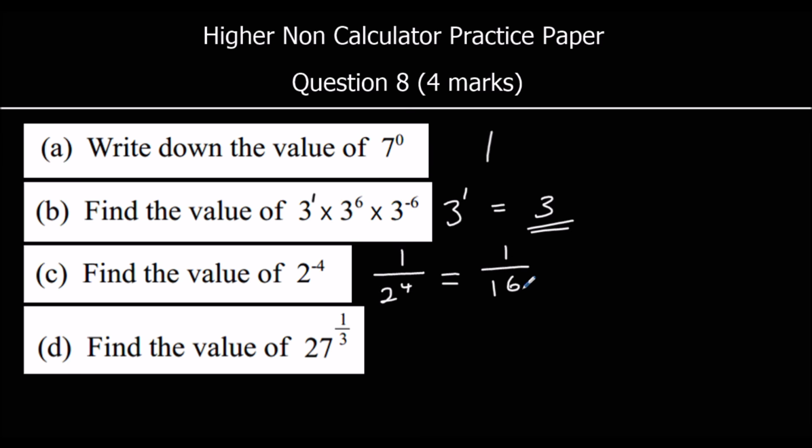So it's 1/16. And part D, find the value of 27 to the power of a third. The power of a third means the cube root. The cube root of 27. What number times itself and times itself again makes 27, and that is 3.